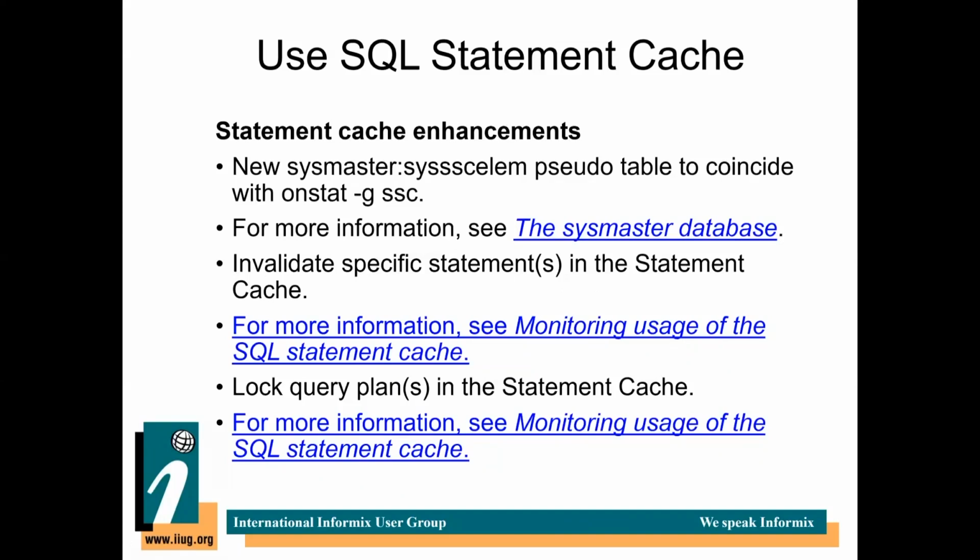So if a query's not performing the way you want, but you know that if you invalidate it in the cache it can give you better performance, you can do that. Again, for more information, go to the link below.